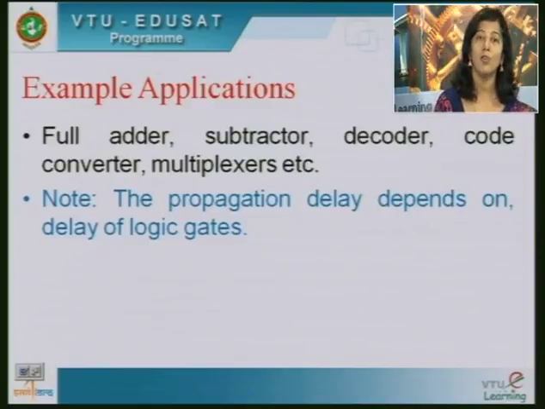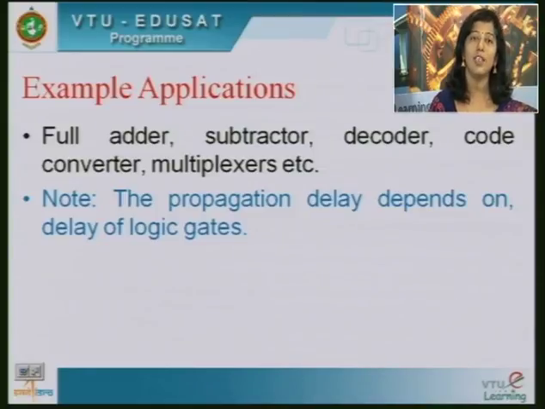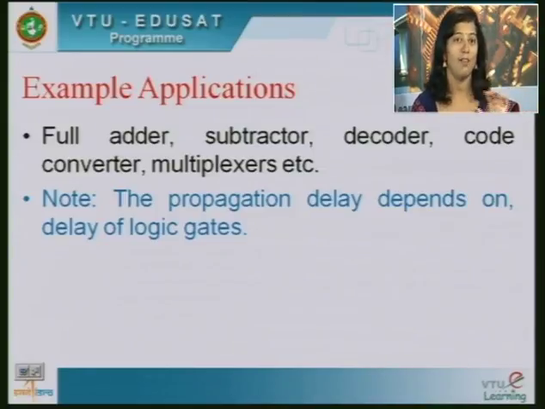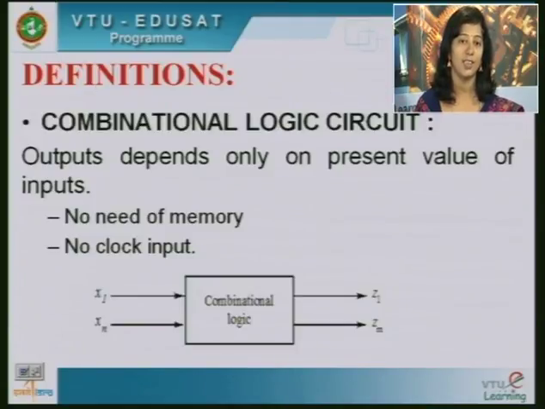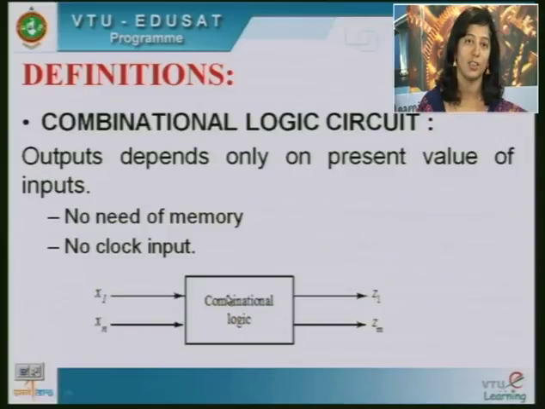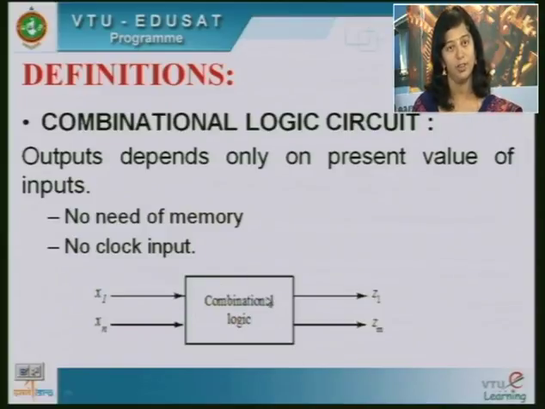One thing you should remember in these circuits is that the propagation delay depends only on the delay involved in the logic gates. In this structure we have lots of logic gates put together to form some particular logic, so the total delay of the circuit will be the delay involved in passing through the different stages of logic gates.